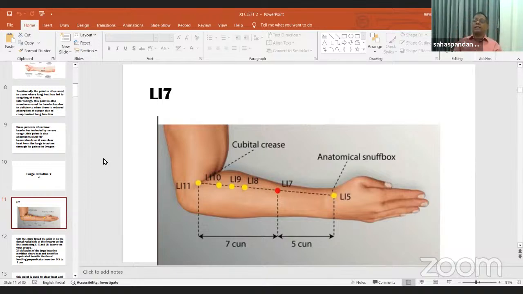So this point is used to clear heat, and to regulate the stomach and the intestine. Most commonly it is used for painful disorders of the head and face, including toothache, headache, nosebleed, and inflammation of the nasal cavities.